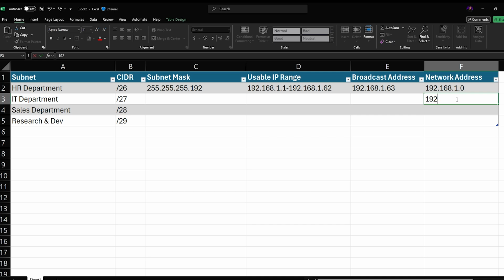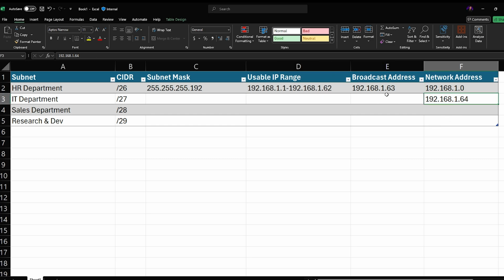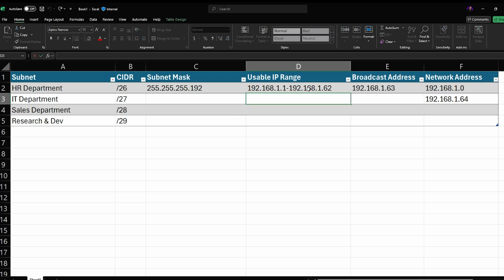So it's going to be 192.168.1.64. As you can see, the last host is the broadcast address minus 1. Then for the next address space, it's .64, which means the first host is going to be 192.168.1.65.